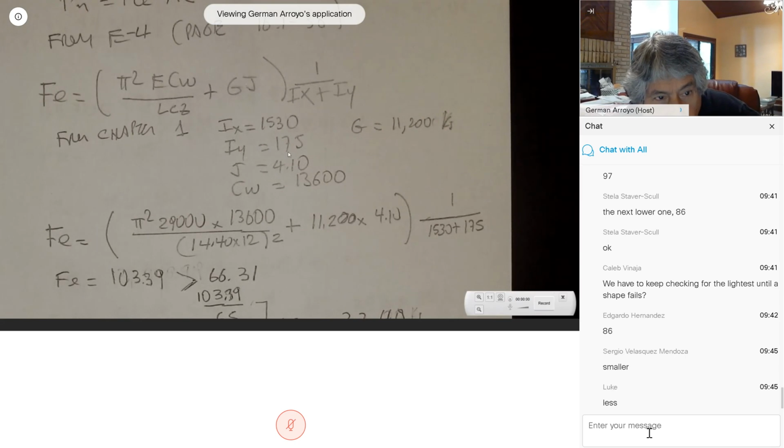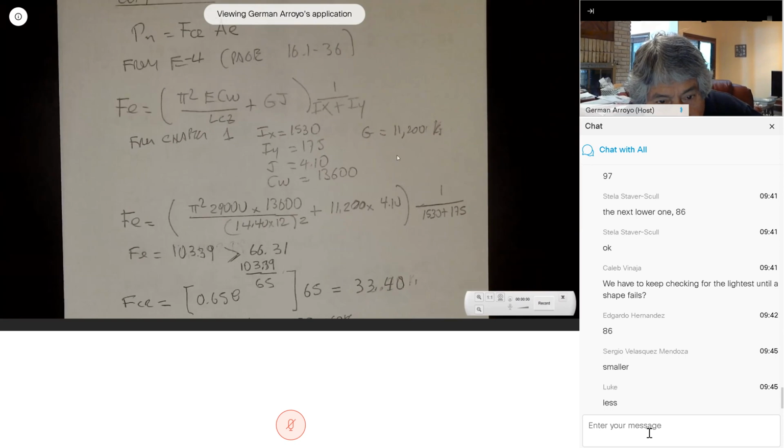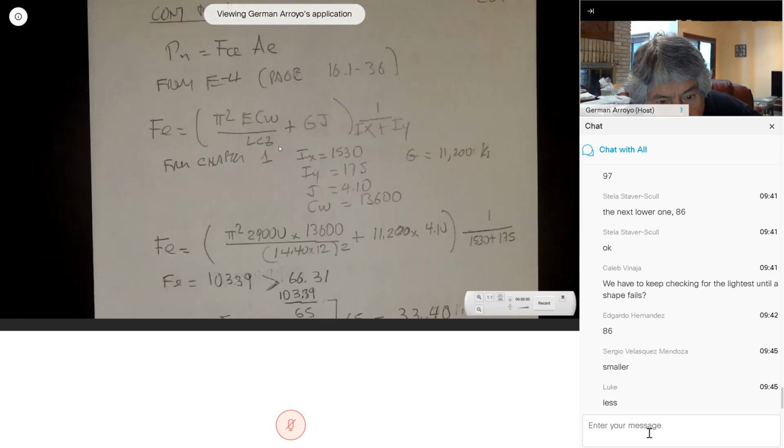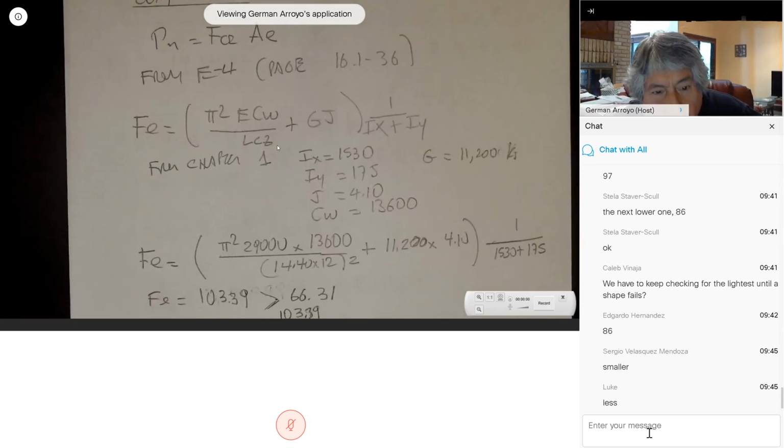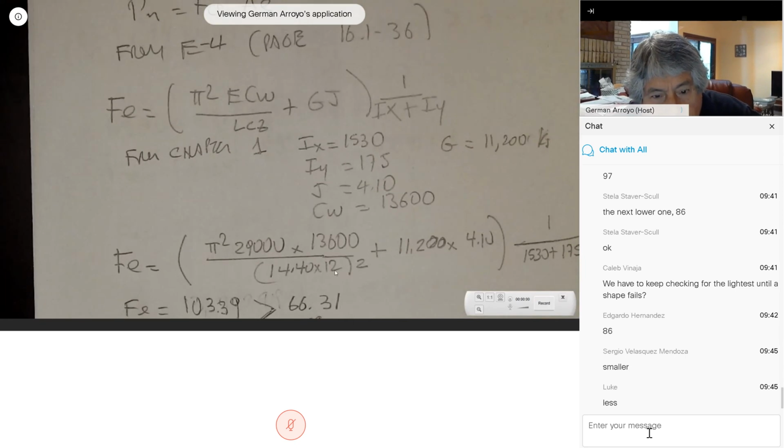Cw is given in there. G is given in chapter E, and E4 is given in there. So I computed this value. This L over r_x is exactly the 14.40. You need to multiply times 12.